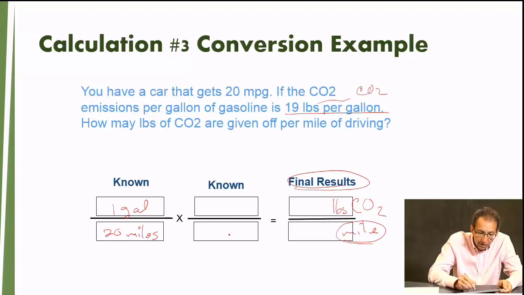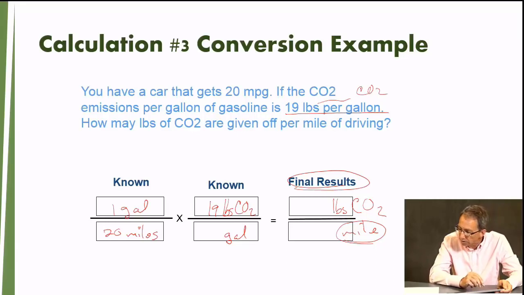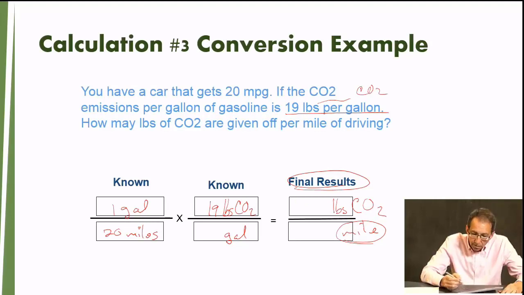So I'm going to say gallons on the bottom and CO2 on the top, 19 pounds CO2. So I'm going to do this math. 19 divided by 20, and I get about 0.95 pounds of CO2 per mile.